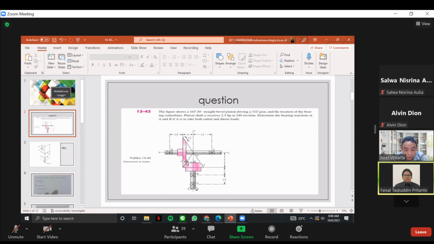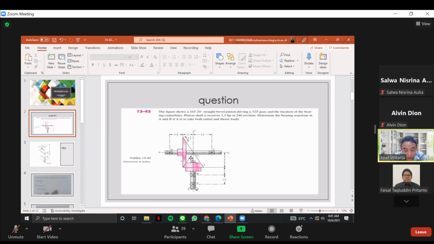Kenapa ada penggunaan vektor di sini, saya cuma diajarkan dan saya masih belum bisa paham. Saya enggak pernah ngajarkan vektor, makanya saya nggak bahas vektor hari ini, meskipun itu bisa dipakai sebagai salah satu metode karena sumbu x, y, z-nya juga jelas.